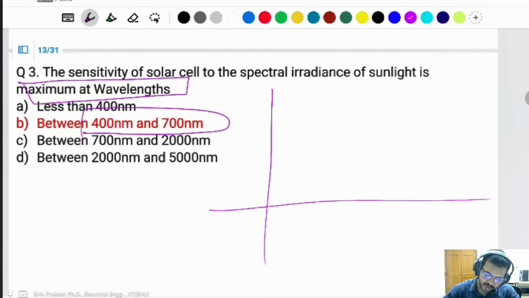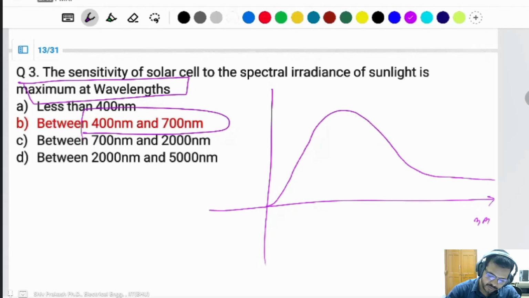The solar radiance looks like this, this is the wavelength in nanometer, the solar spectral radiance. 400 nanometer to 700 nanometer is the visible spectrum.